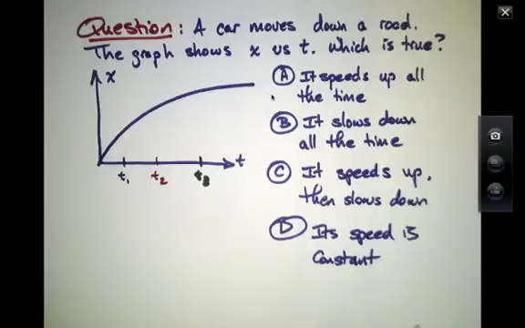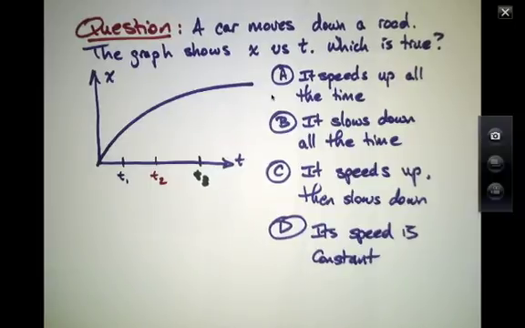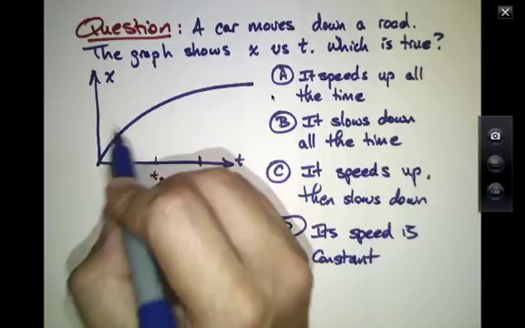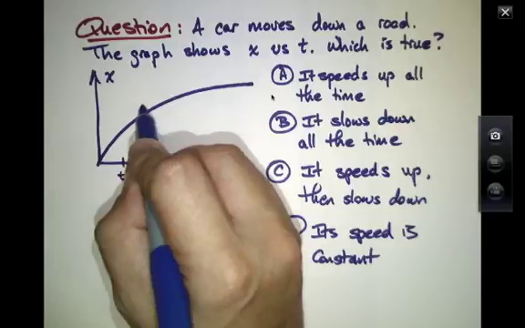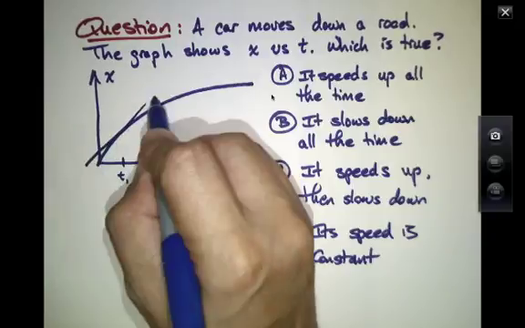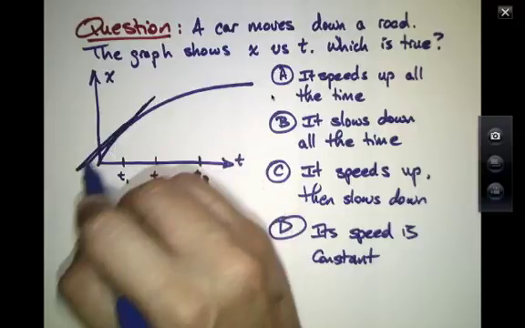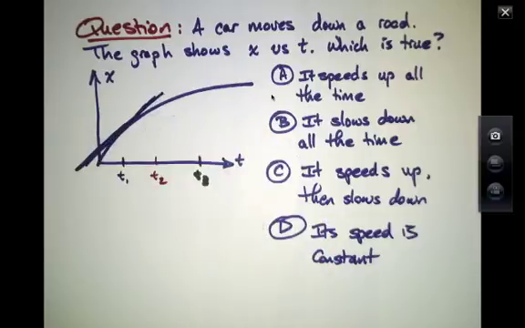And the velocity would be indicated by the slope of a tangent line at this point on the graph. So at this point on the graph, right there, I could draw a tangent line. And the slope of that tangent line would be the velocity at that point on the graph.